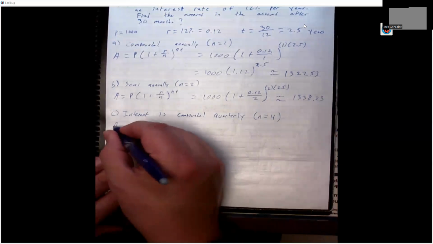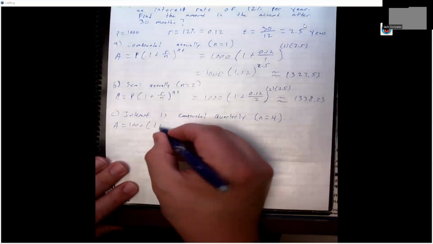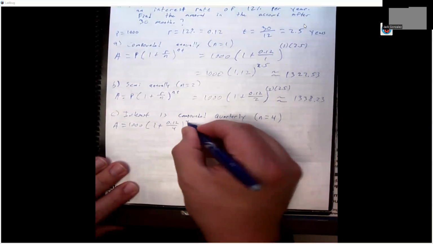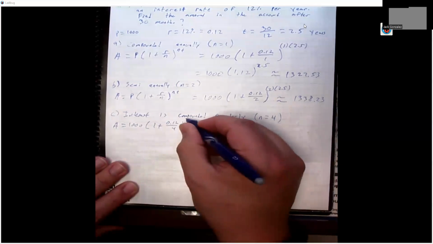Okay, so it's not the total number of compounds, it's each year, okay? So A will equal 1,000 times 1 plus 0.12 over 4 to the 4 times 2.5.